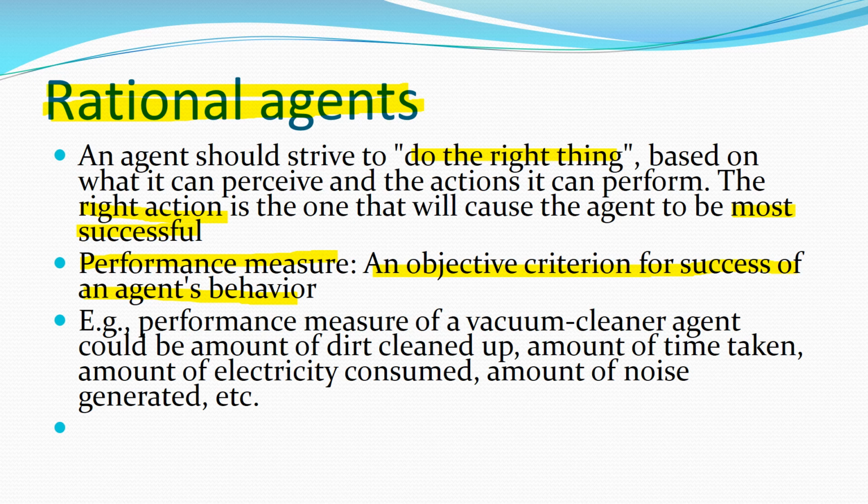Now, for the vacuum cleaner agent, a performance measure could be the amount of dirt cleaned up. So one of the performance measures would be how much dirt it has cleaned. Another performance measure may be the amount of time taken, that is, how much time it has taken to clean the dirt.